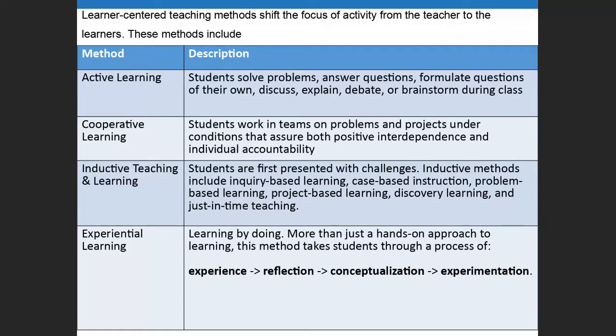Very good. So active learning, just to help you make the connection amongst the four of them: all of these methods, let's say cooperative, inductive, experiential, are ways in which active learning can be executed or implemented. With cooperative or collaborative learning, students are working together.